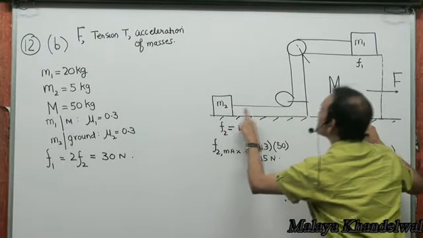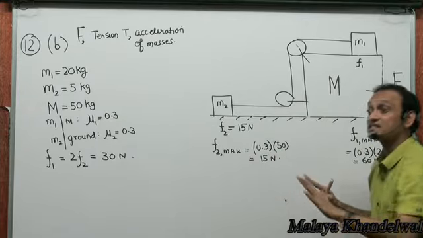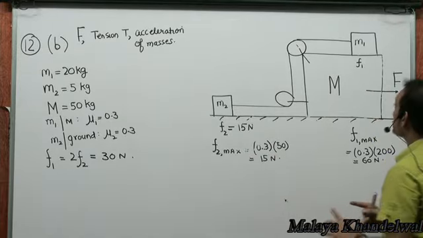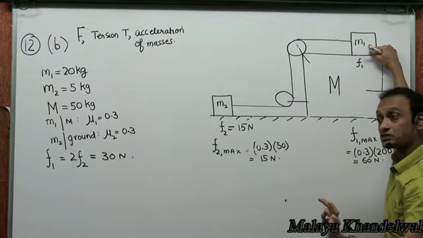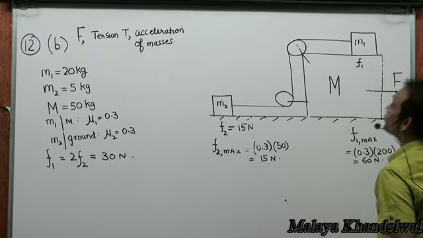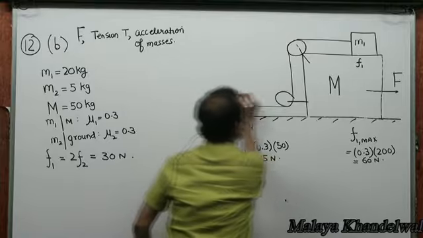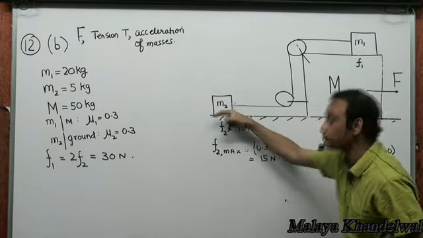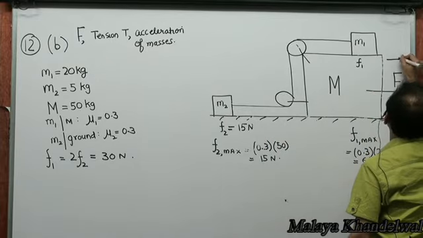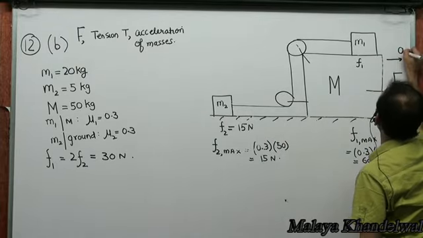That means M2 must have drifted to the right by the same amount. Yes or no? That means, for sure, capital M and M1 have the same acceleration. From the system, M2 also has the same acceleration as M1 and capital M. That means the entire unit has the same acceleration A.